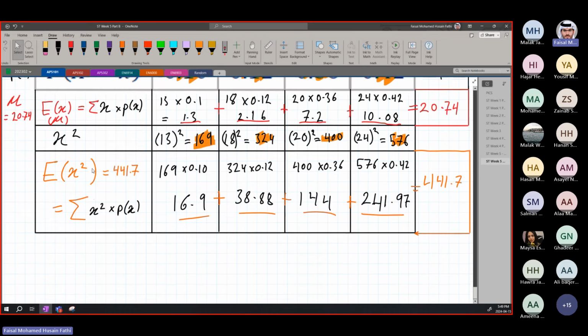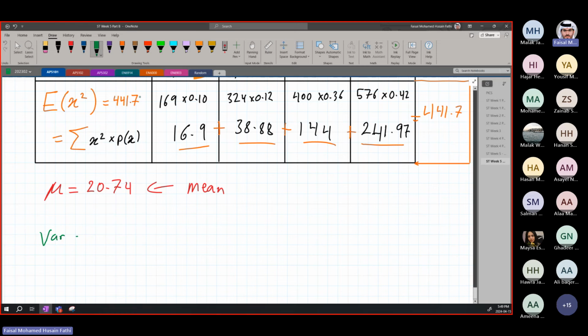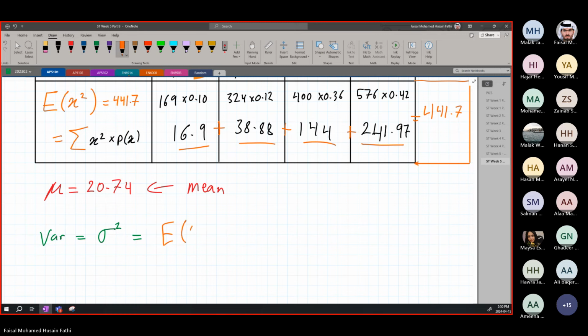Now we found our mean. We know that our mu is equal to 20.74. This is the mean. But remember, for variance, what else do we need? Variance, or sigma squared, is equal to E of x squared minus mu squared.